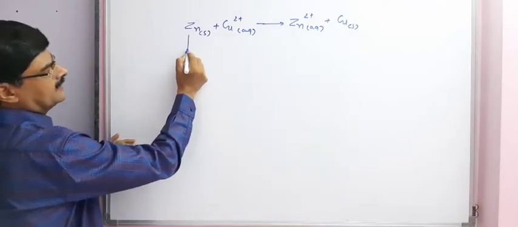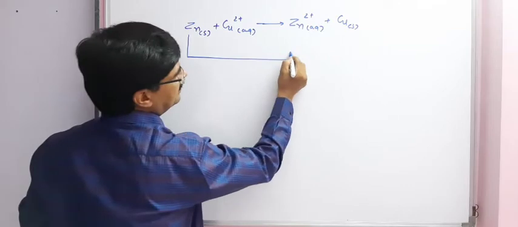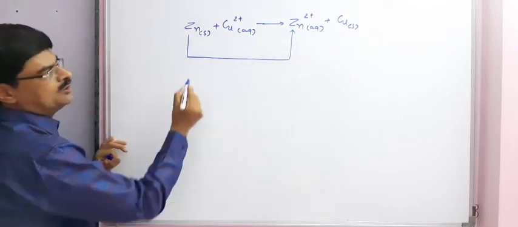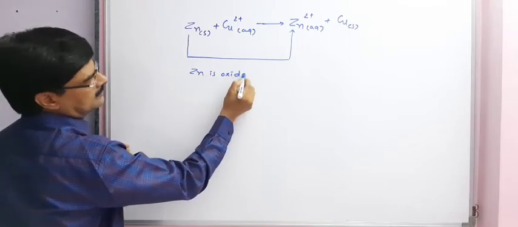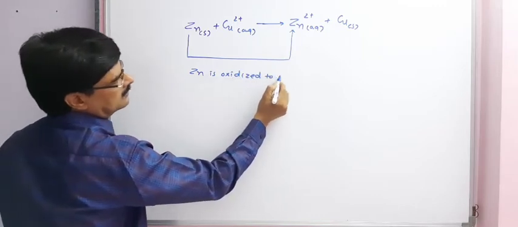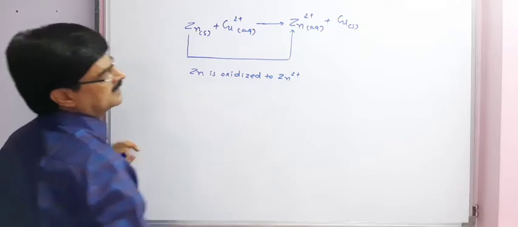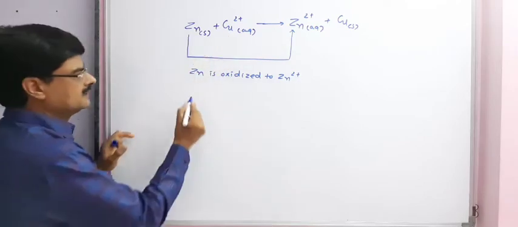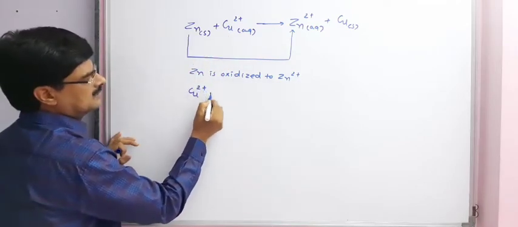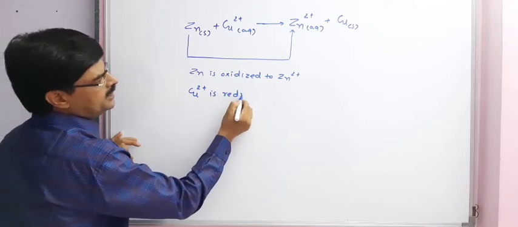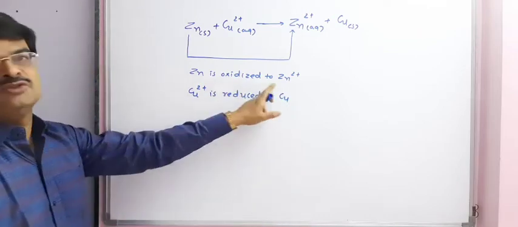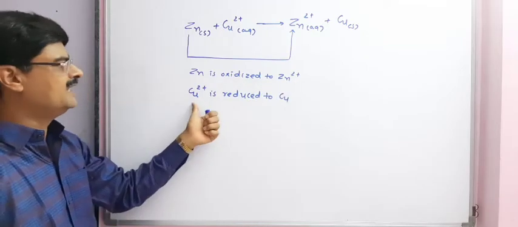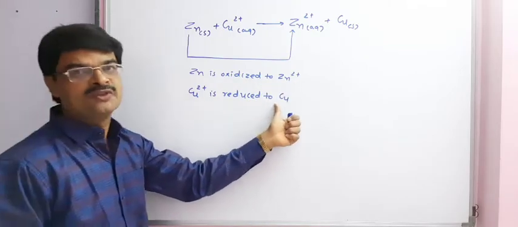From this we can say zinc is oxidized to Zn2 plus, Cu2 plus is reduced to Cu.